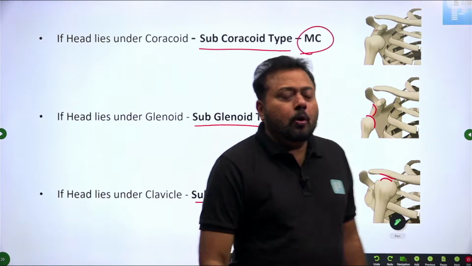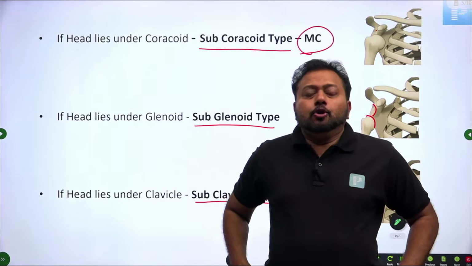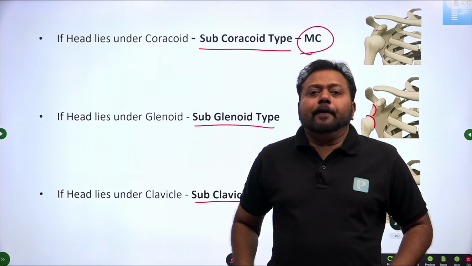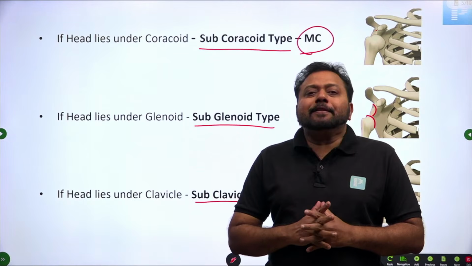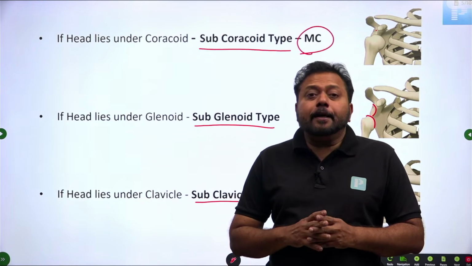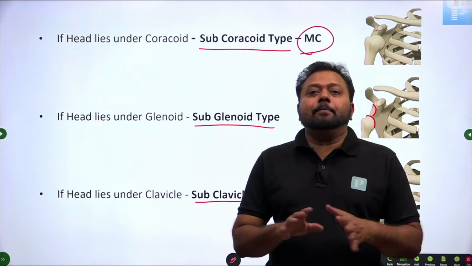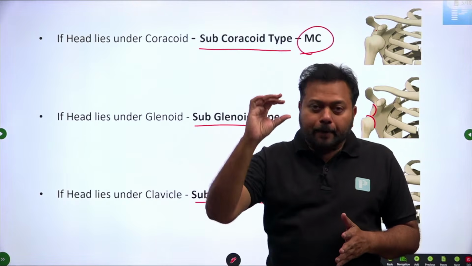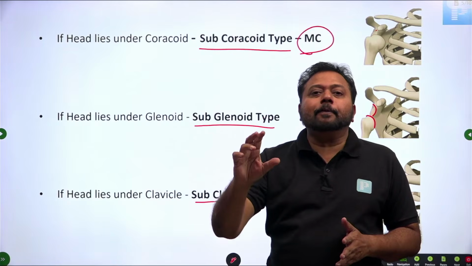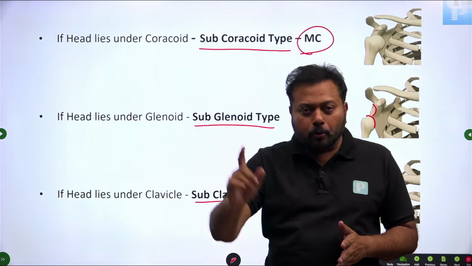Okay, so now let us revise. Shoulder dislocation is divided into anterior, posterior and inferior. The most common is anterior. Anterior shoulder dislocation is again subdivided into subcoracoid, subglenoid, subclavicular. Among the subclassification, the most common is subcoracoid.